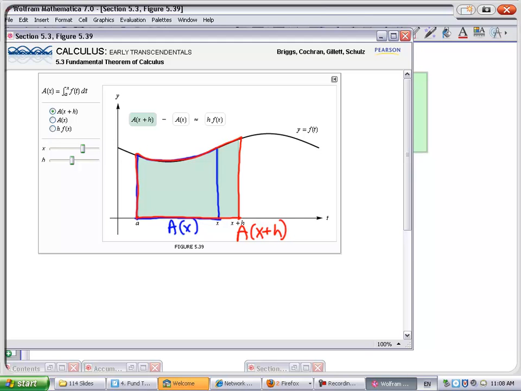The difference there is this extra area right here. So that black area is the area evaluated at X plus H minus the area evaluated at X. Does that make sense?